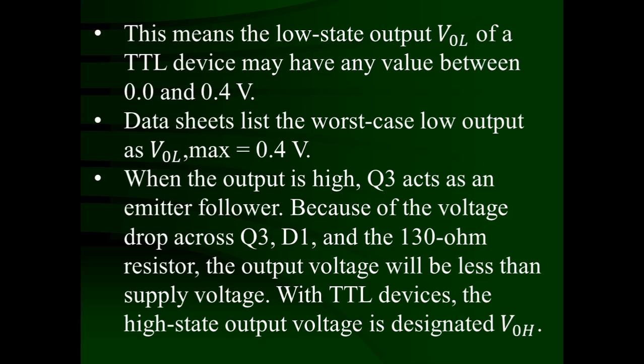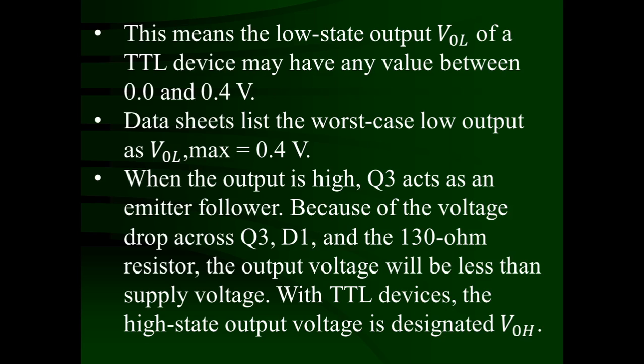Because of the voltage drop across Q3, diode D1 and the 130 ohm resistance, the output voltage will be less than the supply voltage. With TTL devices, the high state output voltage is designated as VOH. VOH means the output voltage when the output is in the high state.